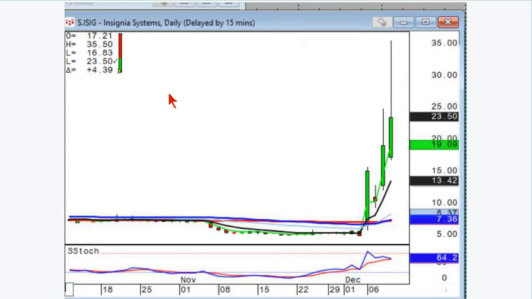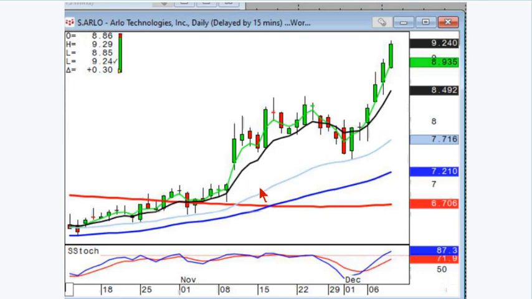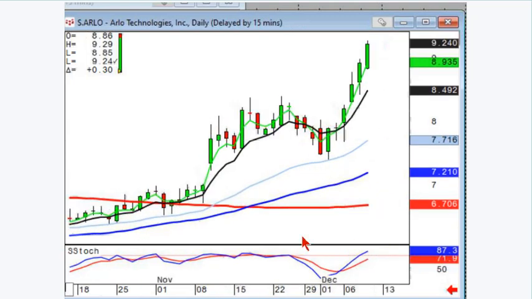Let's see. So there's your doji sandwich. There's your gap up breakout going into wave 3. Now you're climbing up into the overbought area. You're still in wave 3, but when you're in the overbought area, what's your criteria at that point?